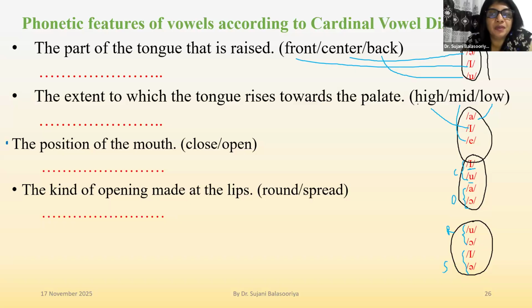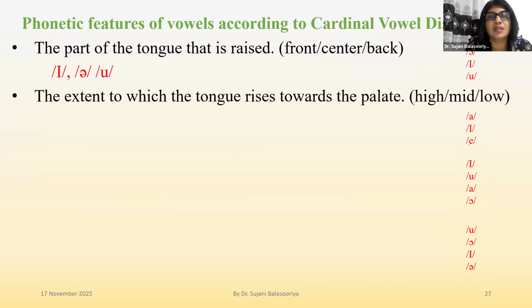So may I know whether you have some idea regarding different types of vowel sounds, that means how we can classify vowels with the help of the cardinal vowel diagram? Never mind. So you have identified the correct answers.